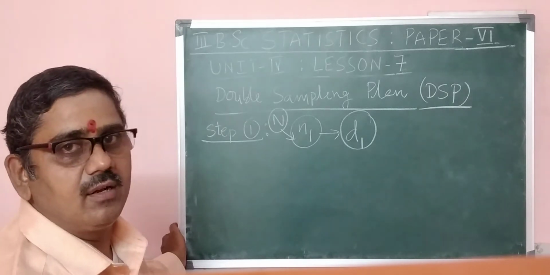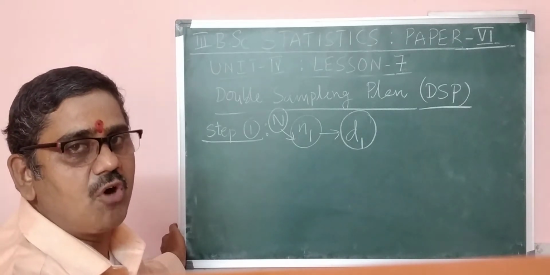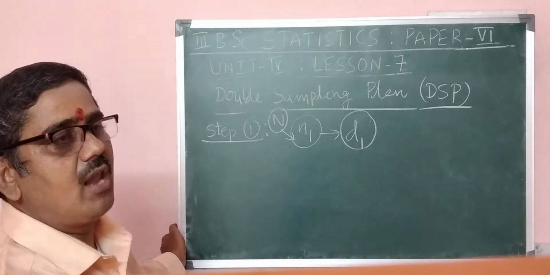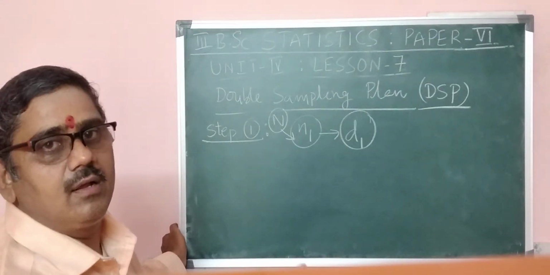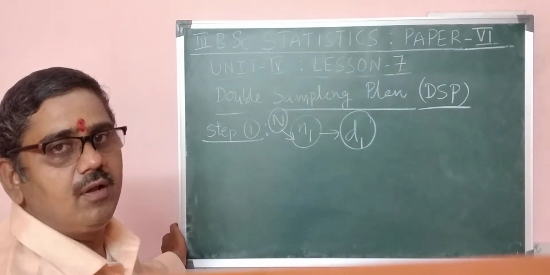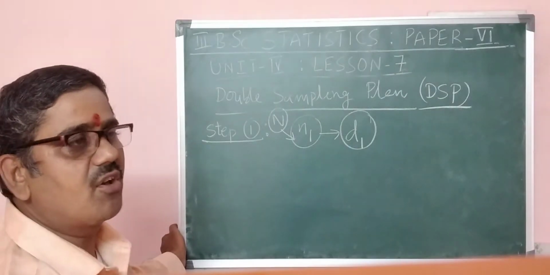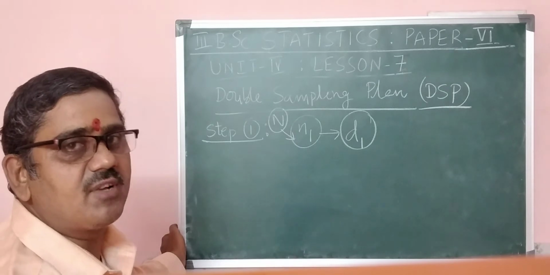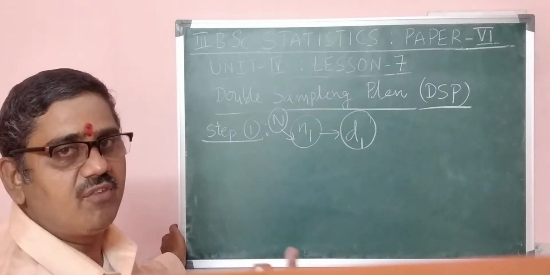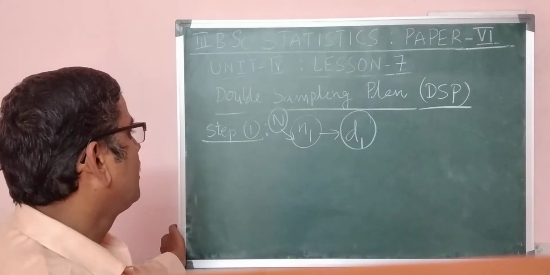Let it be D1. How many defective items did we observe? You put the value of those defective items as D1. D1 is the number of defectives found in the first sample.